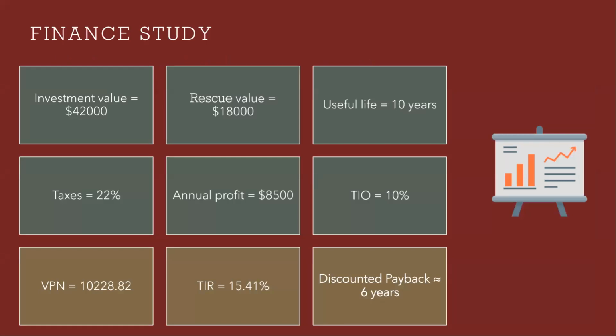Then for the financial study, we have initial values such as the investment value, the rescue value, the useful life of the robotic arm, the annual profit, the taxes, and the TIO. We had a result of an NPV greater than 0.